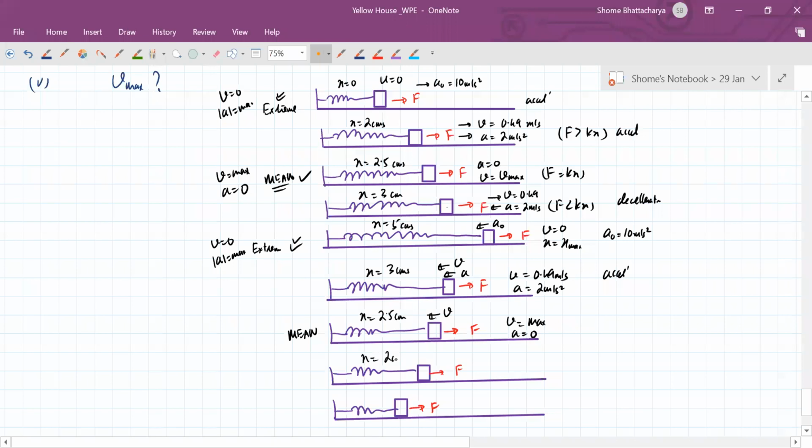Then by the time we are at 2 centimeters, sorry, now the acceleration will be of opposite direction.